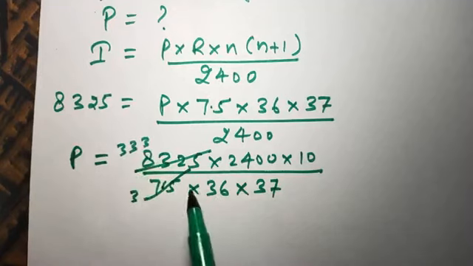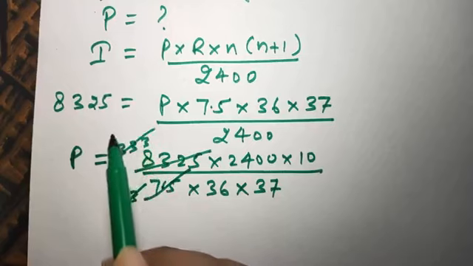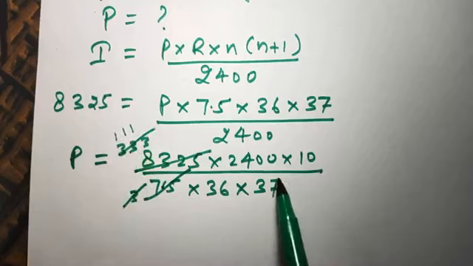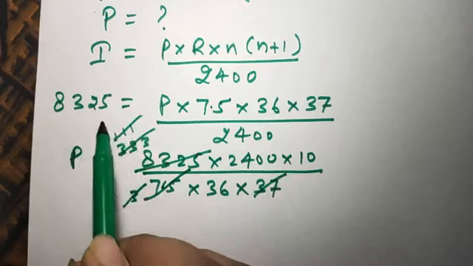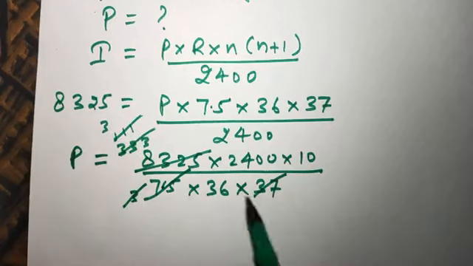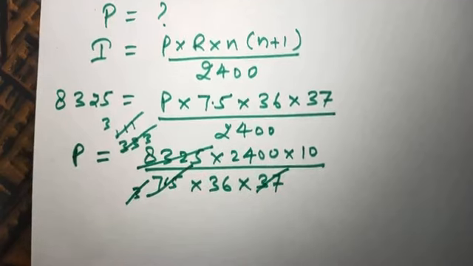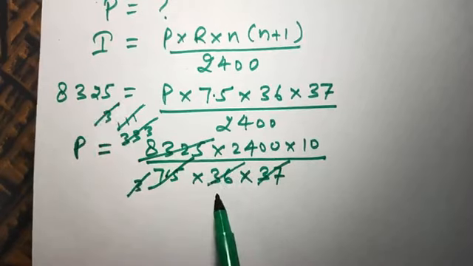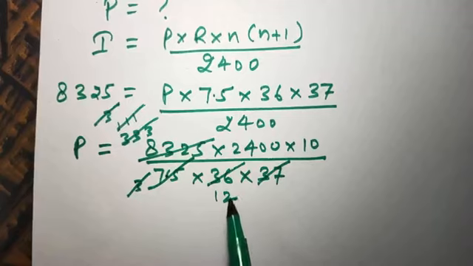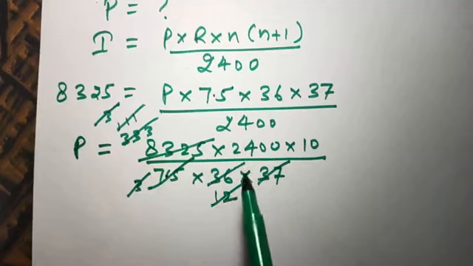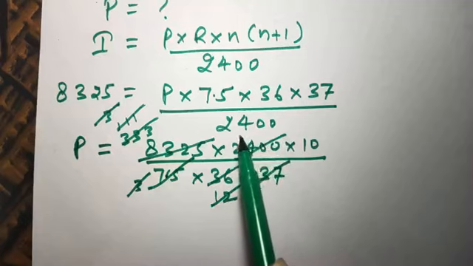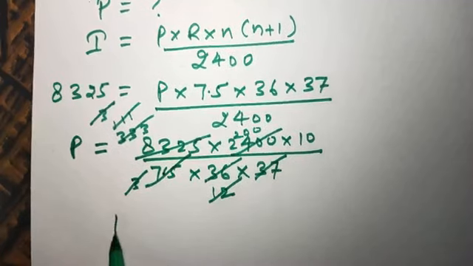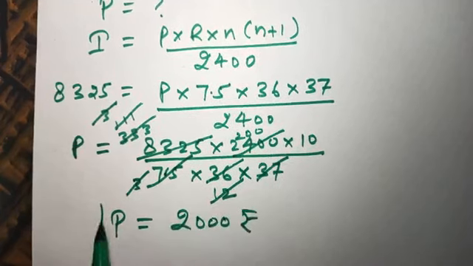Again this 3 cancels this 1 time, and this 37 cancels this 3 times. So this is the calculation. It's your choice how to solve or how to simplify. It depends on you. Now this 3 cancels again this 36 to 12 times, and this 12 cancels this 2400 to 200 times. So from here we get P equals 200 into 10, that is 2000 rupees.